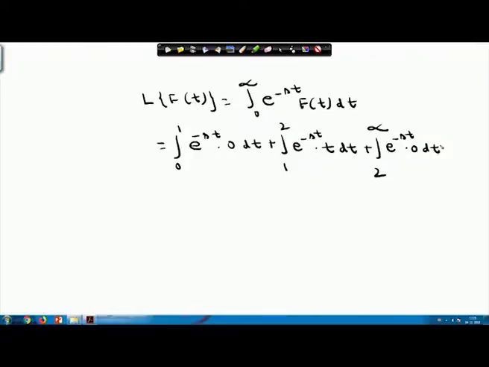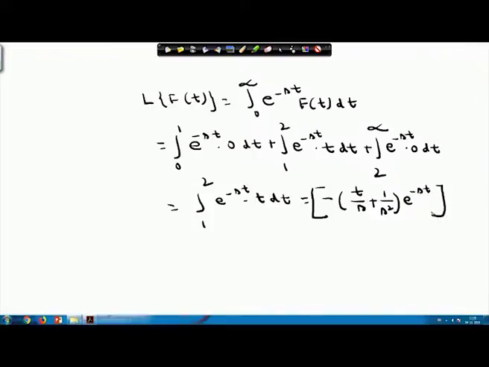So, this is nothing but 1 to 2 e power minus s t into t dt, and if I evaluate the integral, then it becomes minus t by s minus 1 by s square e power minus s t, with limits from 1 to 2.